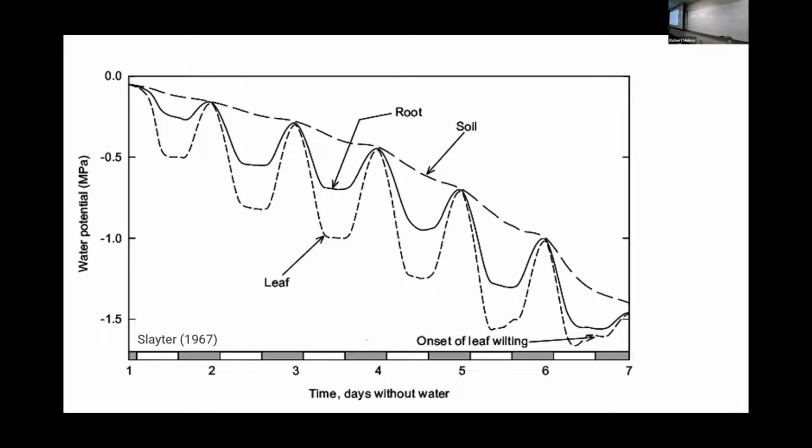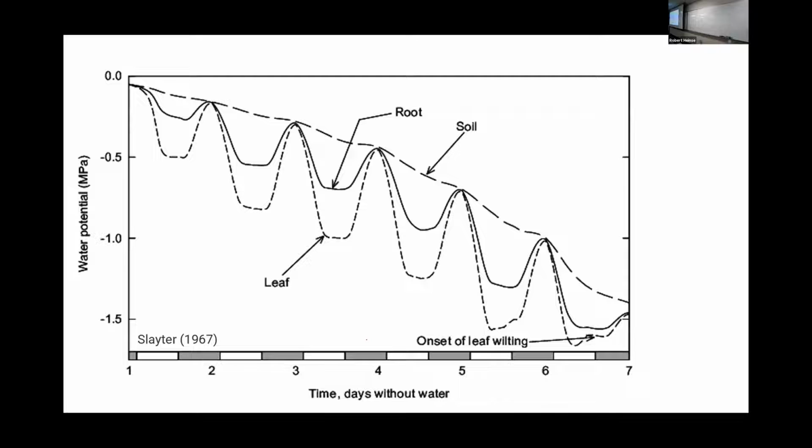So what you see is that as the water gets transpired by that established plant, the soil water potential decreases over time. So that's the top dashed line here. And it does so, of course, because the water content within that root zone is being depleted. Right? But it's a somewhat linear depletion, right? I mean, you see, okay, it goes down from 0 megapascals down to almost -1.5 megapascals.